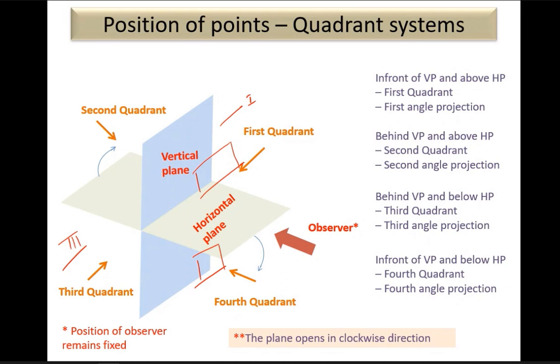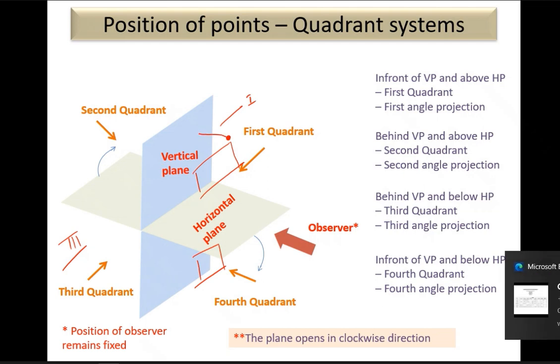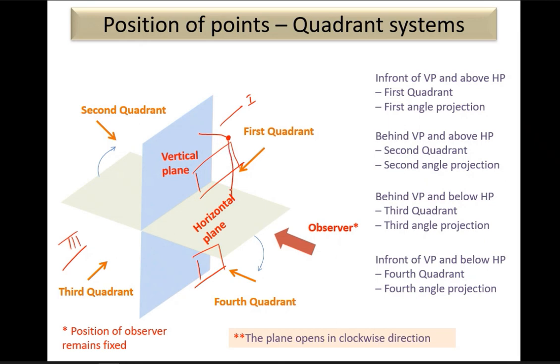So how are we going to open our planes so that we get both the vertical projection and the horizontal projection in a single plane? Let's say there's a point over here. How are you going to project it? You should know the distance from the vertical plane, and you should know the distance from the horizontal plane.